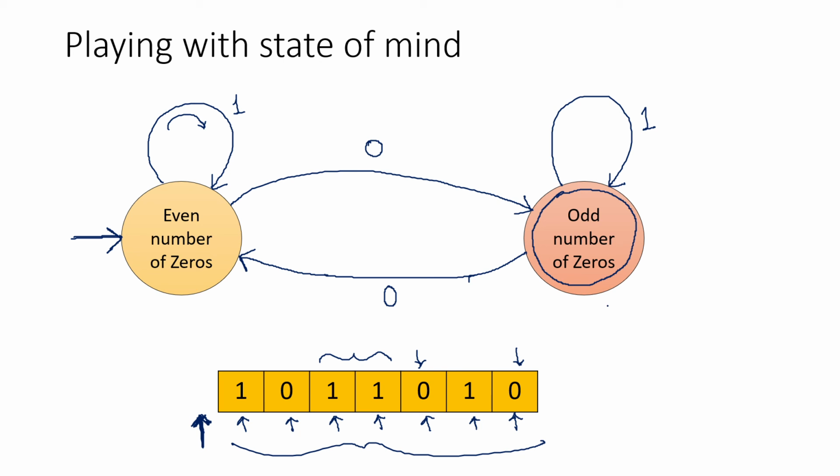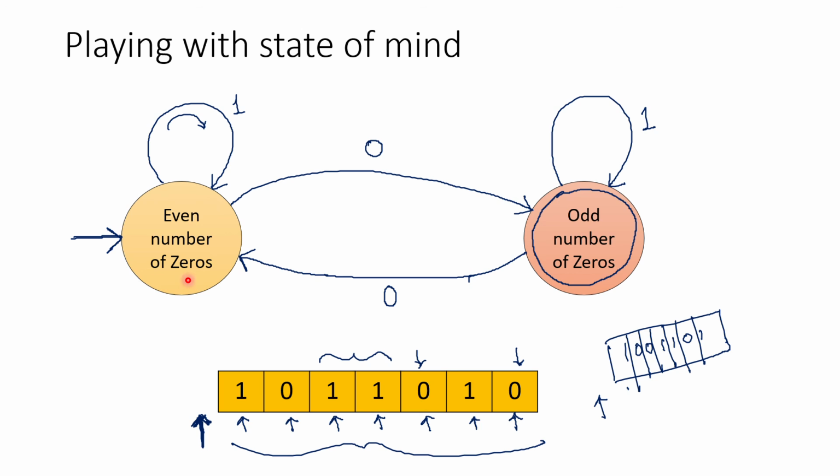So if I say that I have a string something like 1 0 0 1 1 0 1, you see I have an odd number of zeros here, right? So let's see what will happen. You are about to start reading the string, your read head is somewhere here, so you are in this even number state, your initial state of mind.